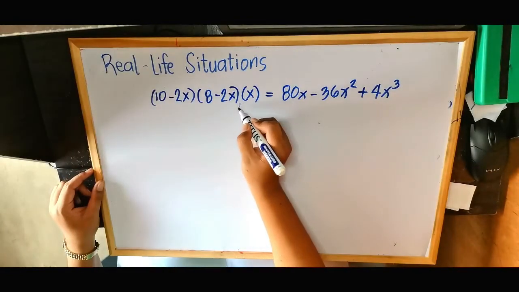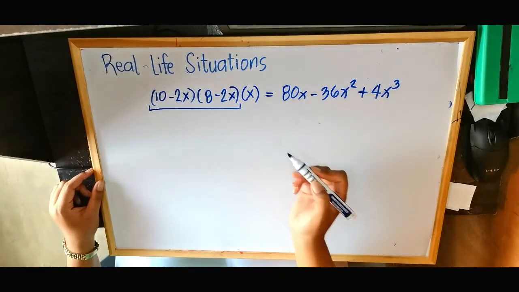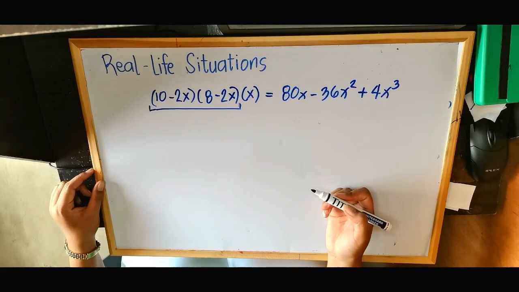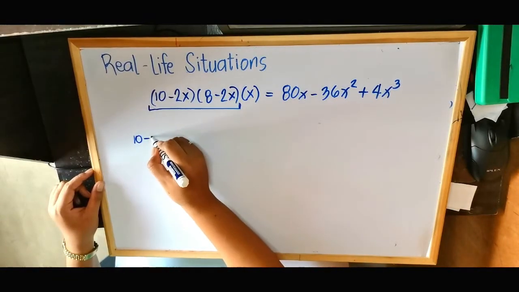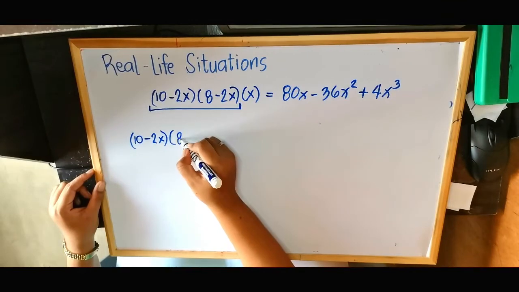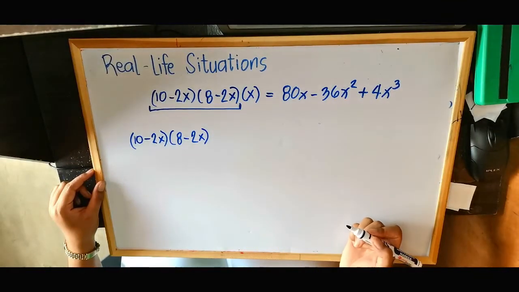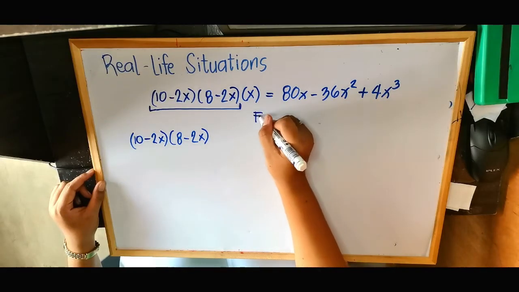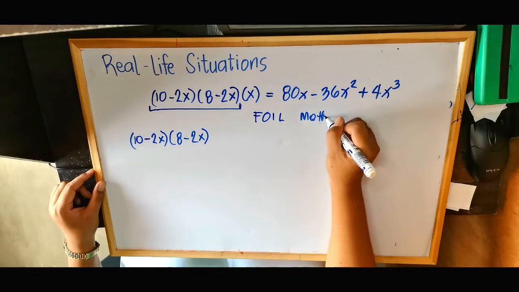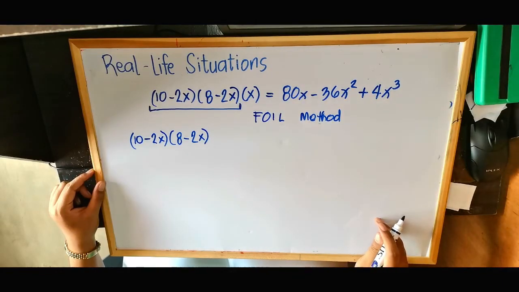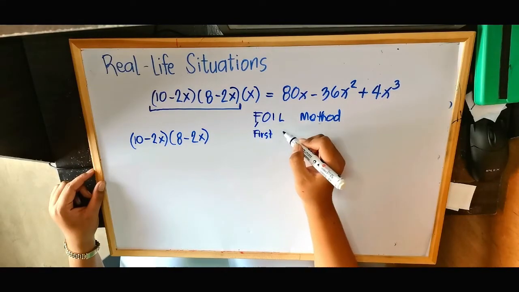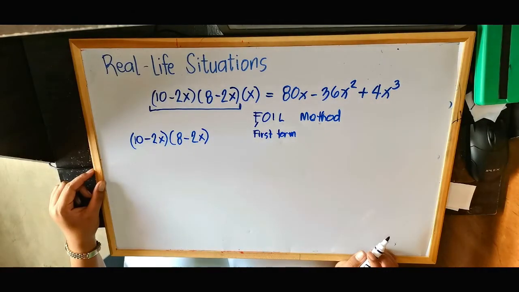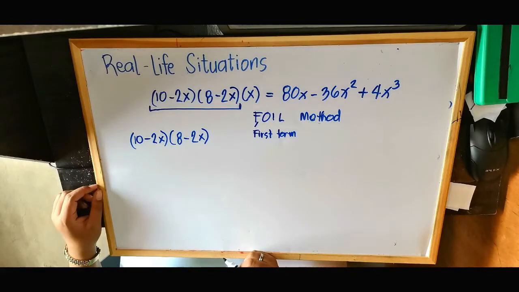Children, let's focus here first so you won't be confused or it won't become complicated for you to multiply polynomials. So, let's break it down. This is what we will multiply first: 10 minus 2x multiplied by 8 minus 2x. If you still recall the FOIL method, you already used it in Grade 10, or in junior high school. It means the first terms are the ones we multiply first. In this expression, who are our first terms?